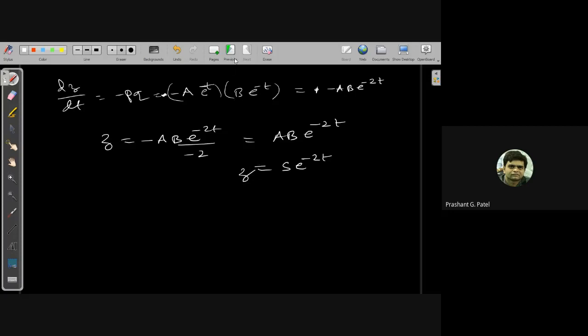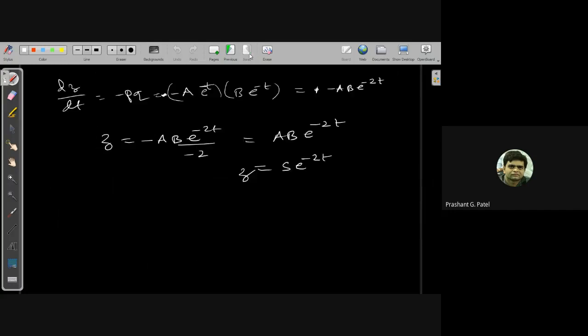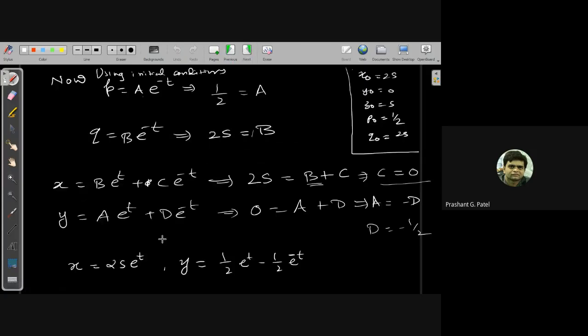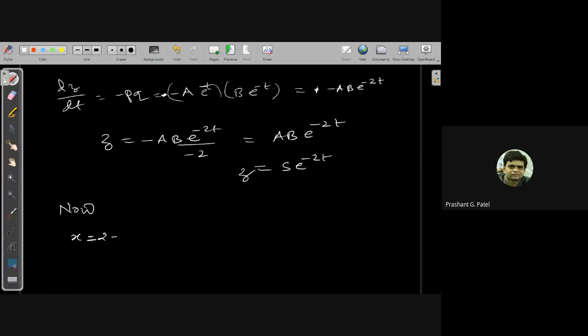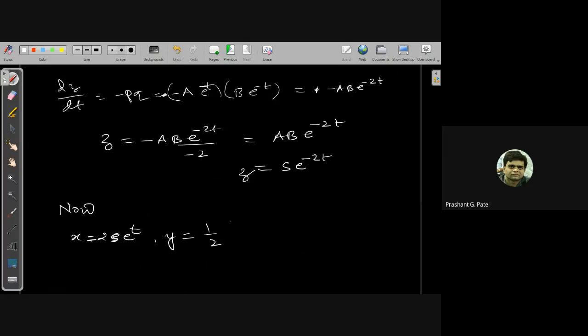So you have z here, x is this, and y is this. So now x will be 2s e power t, y will be 1 by 2 e power t minus e power minus t, and z will be s e power minus t.